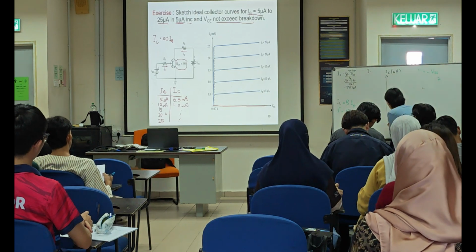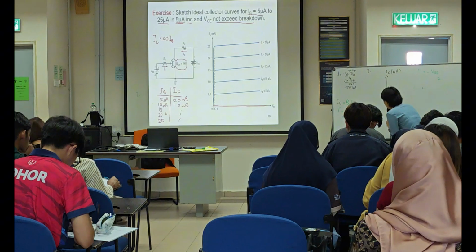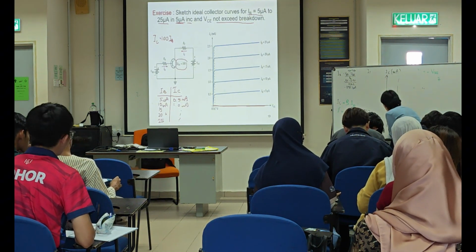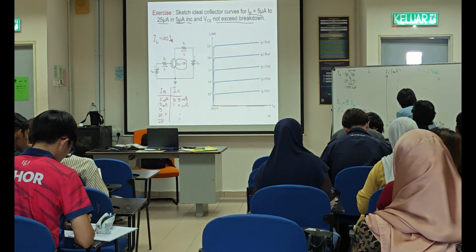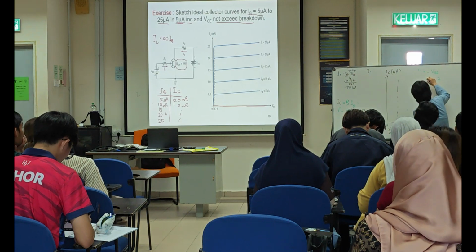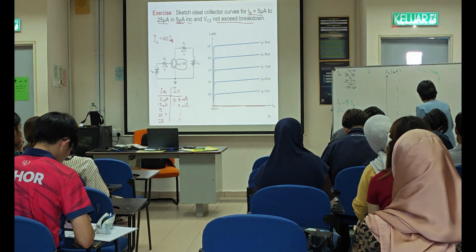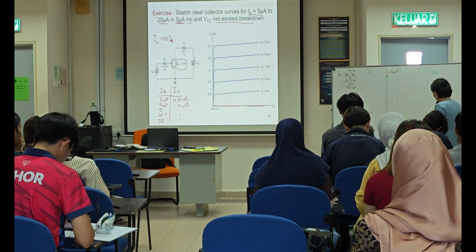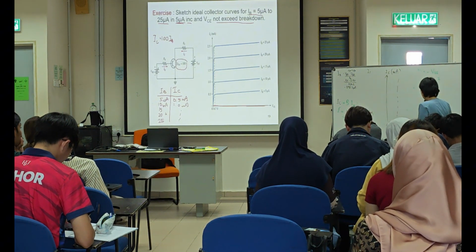Here is 0, and then you put 0.7. Then here you put the saturation region, here is the active region, and then you put one more at the top, here is the breakdown region.